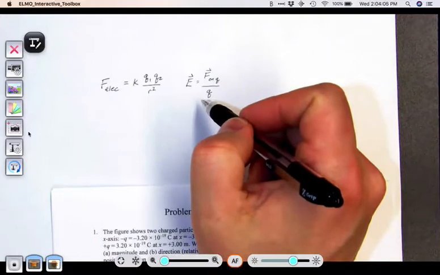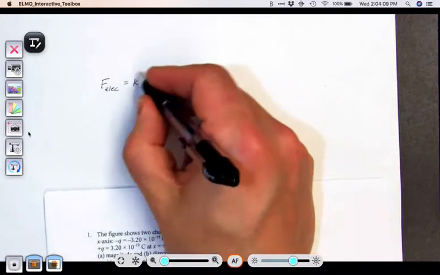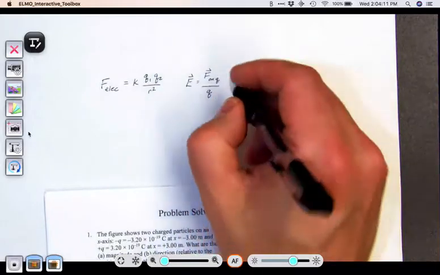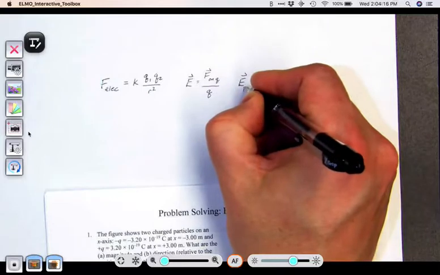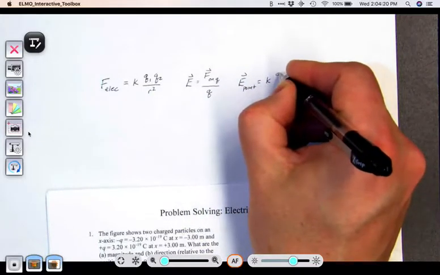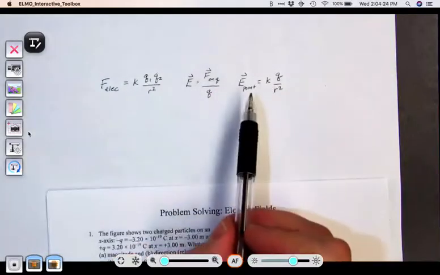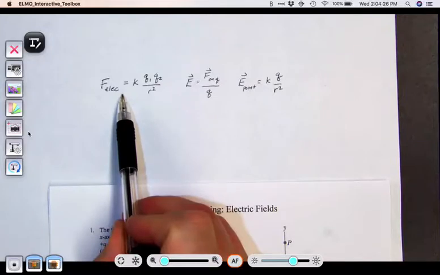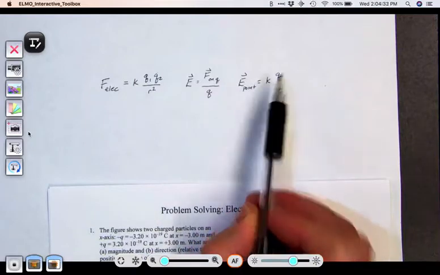Because of that, we can plug this force equation into the numerator and deduce a formula for the electric field from a point charge, which is kq over r squared. One distinct difference is when you're talking about an electric force, you have to have two charges. When you're talking about an electric field, you only need one charge producing that.